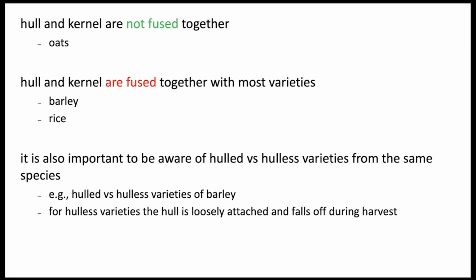There's some breeding going on with barley where we get into what are referred to as hulless types, and they're not truly hulless. It's just that the hull is loosely attached, so it will fall off during harvesting, more similar to what we see with corn and wheat and sorghum.